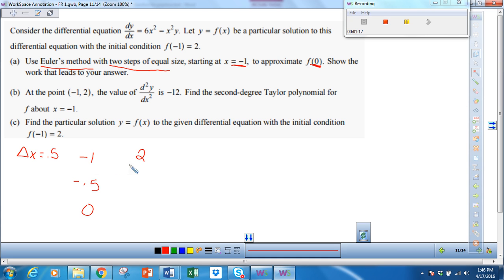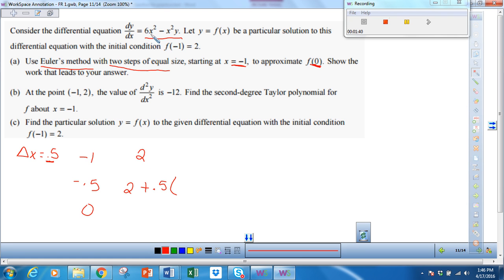So the way Euler's method works is that to find the value at -0.5, I take the previous y value plus my delta x, which is 0.5, and I multiply that by the derivative at (-1, 2).